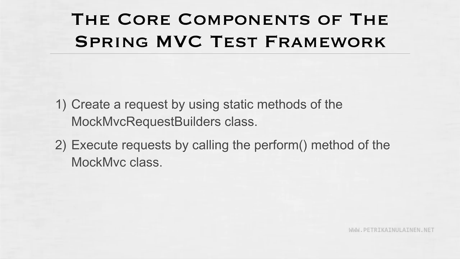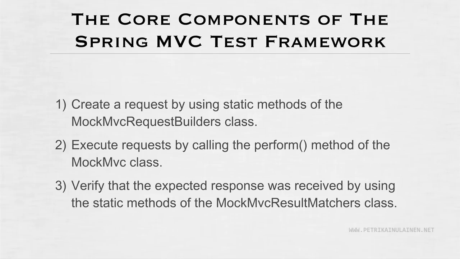We can execute requests by calling its perform method. This method takes a request builder object as a method parameter. We can write assertions against the received response by using the static methods of the MockMvcResultMatchers class.